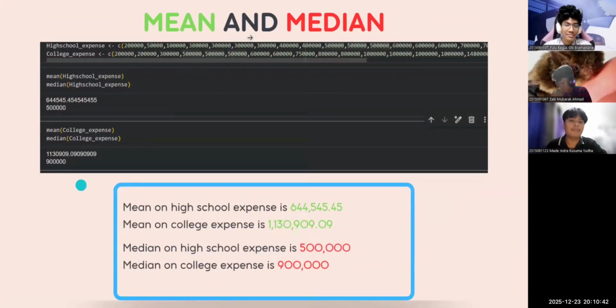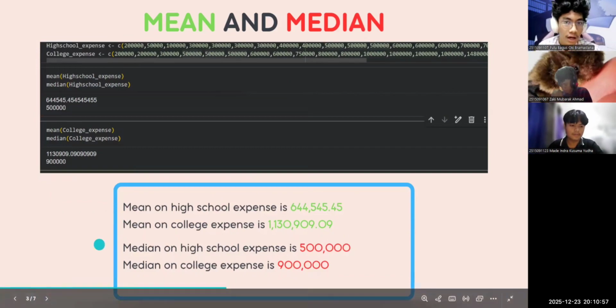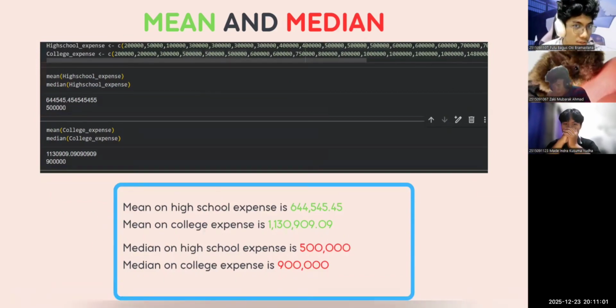We're going to listen up about the experience that Oki had while finding the code for our data in mean and median. Okay, I give you. Okay, so mean and median here. As in the table before, there are high school expenses and college expenses.